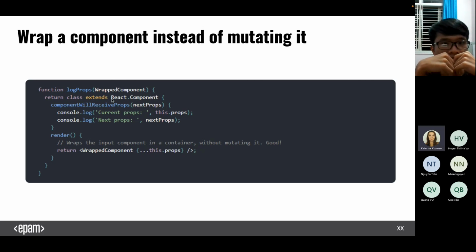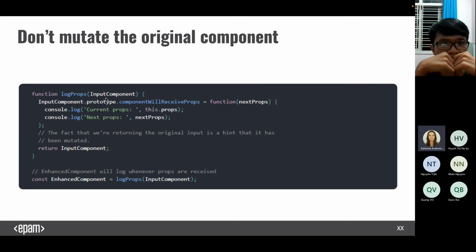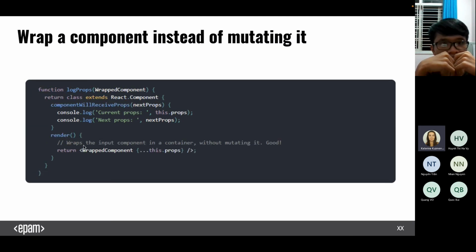We wrap our changes in a component, and instead of mutating it, it will be better. With the wrapped component, we can easily change the properties without mutating it.